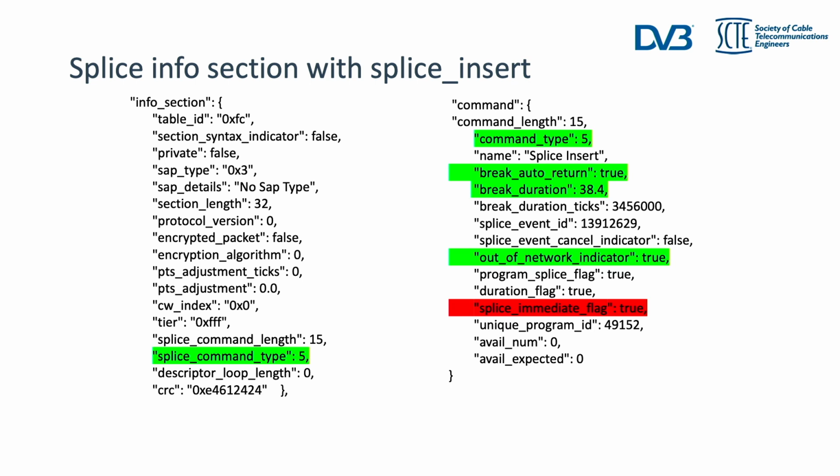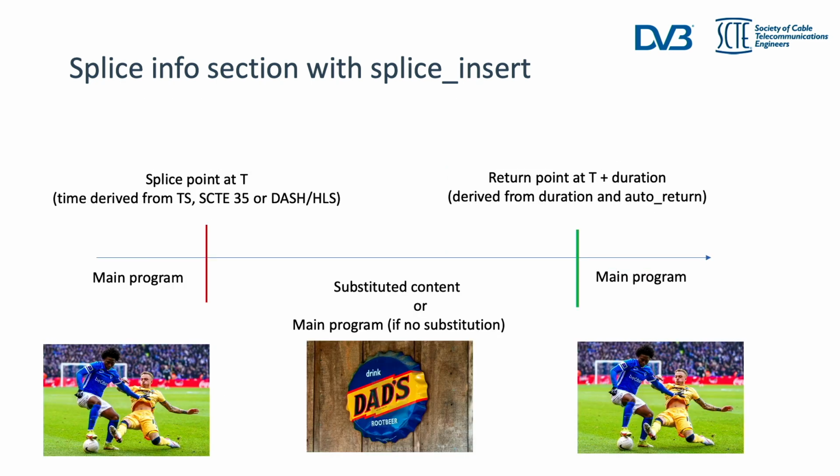So you have to make sure you have that message to know that you need to go and splice out to another point. It would have information showing either duration or points where you need to return. And then the part in red is a splice immediate flag, which is true. That's not usually used, but it's something that we need to consider.